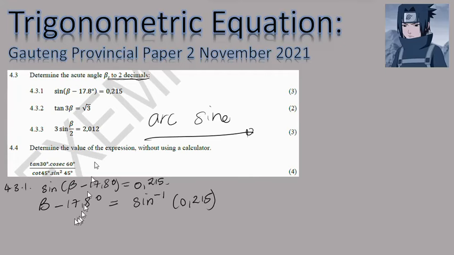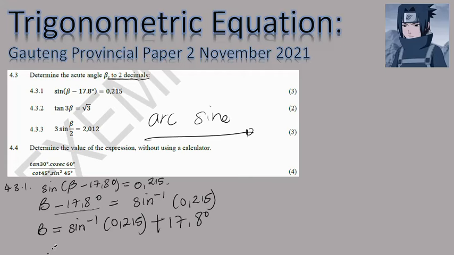Wait, in fact, you don't pull out your calculator now. I want you to use your calculator at the very end. So you need to transpose this to the other side. So beta is equal to the arc sine of 0,215, and then this negative 17,8, when it gets to the other side, becomes a positive 17,8.